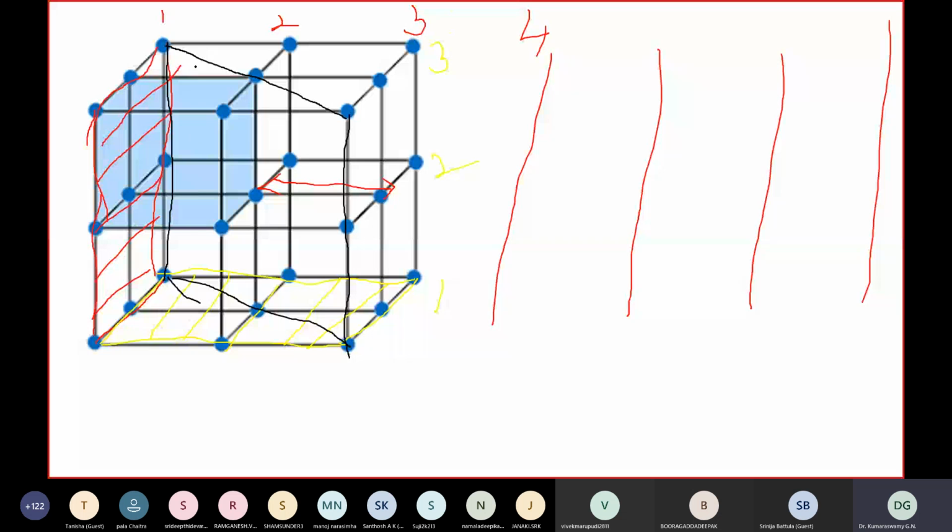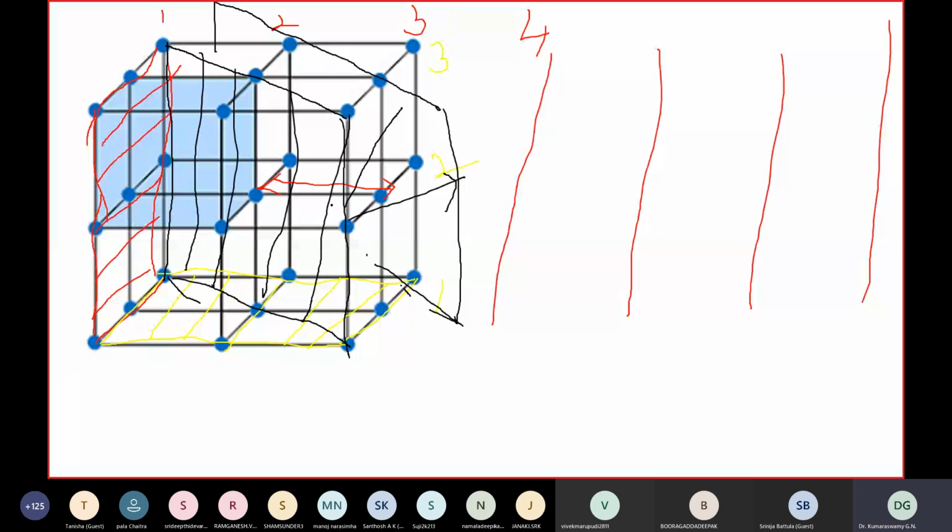You take this plane and go on stacking it by maintaining a suitable distance. So this is the distance between these two planes. We can construct the same crystal structure using different sets of planes.